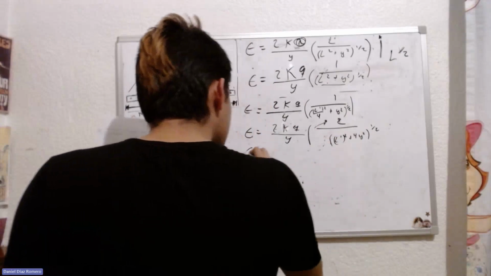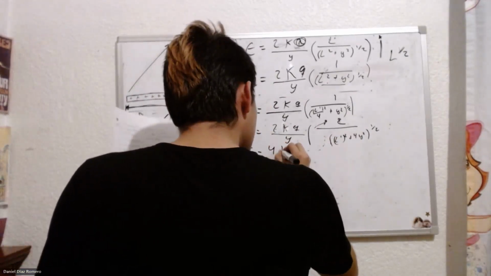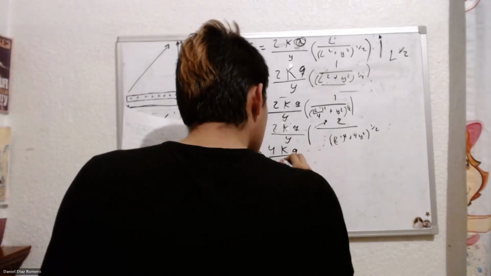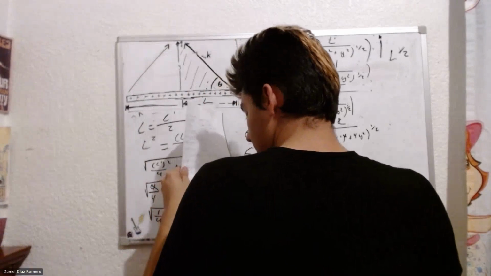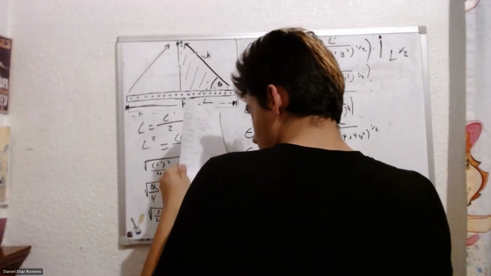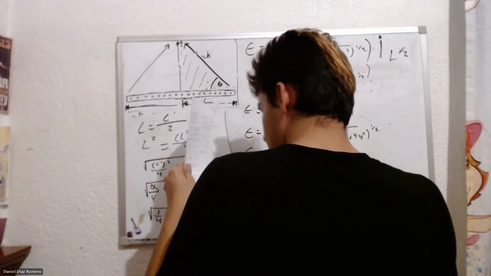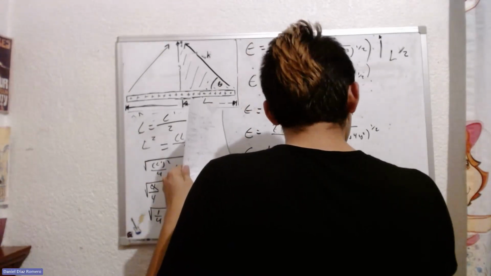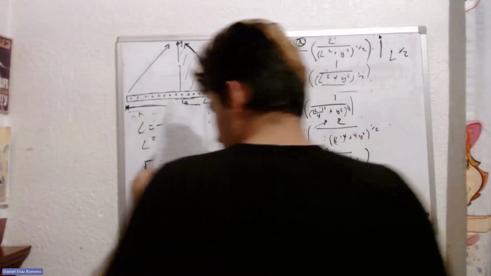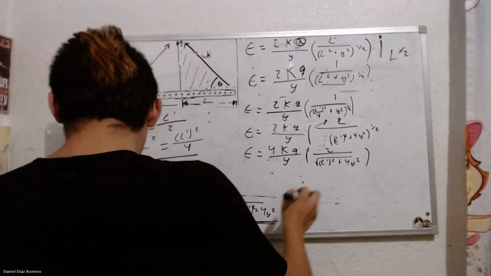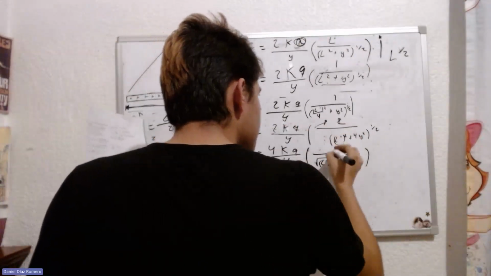So these two functions sum up, and that is equal to 4k over y multiplying 2 over L prime squared plus 4y squared. And now this will be, oh, sorry, here's a 1, not a 2, because these two multiply.